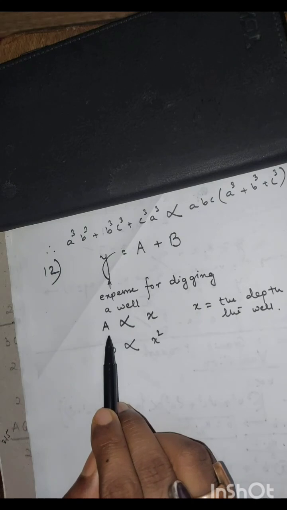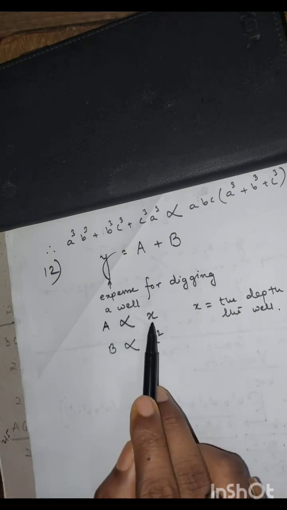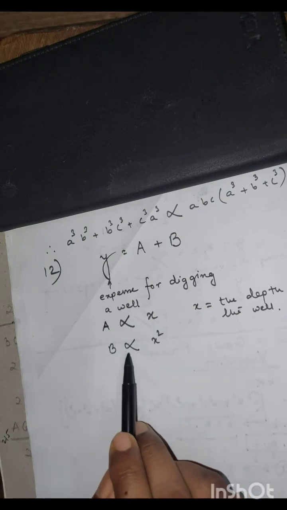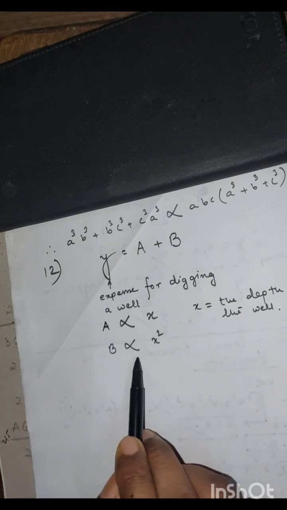So one part of the expense is directly related to x and the other part is directly related to x square.